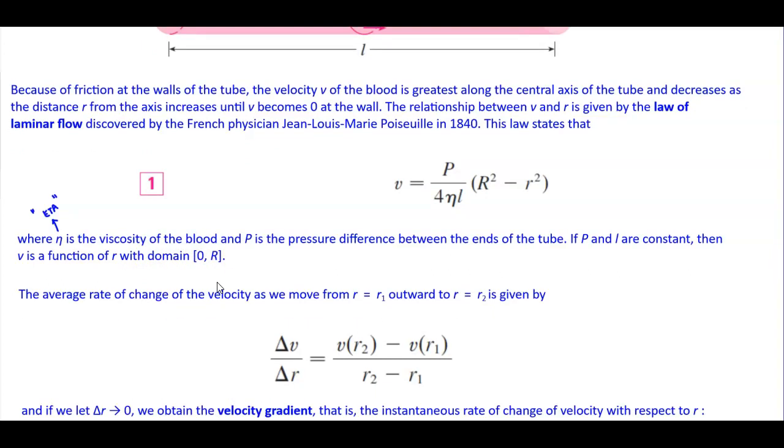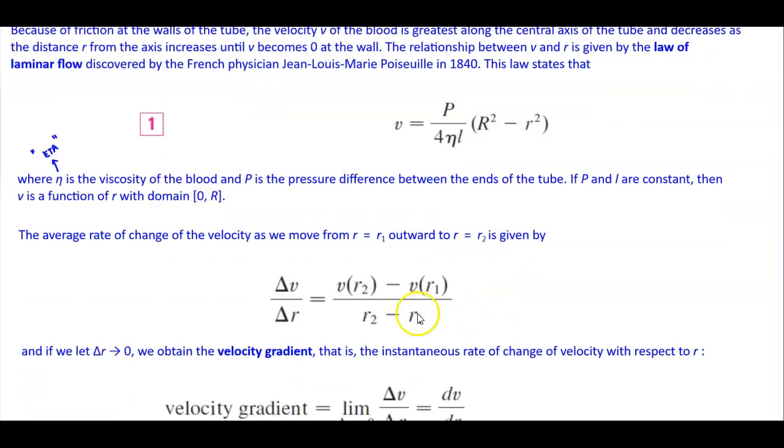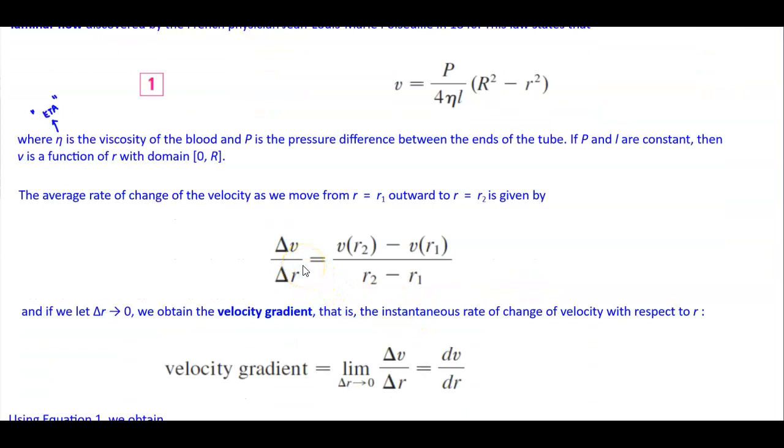Now, the average rate of change of velocity as we move from r equals r1 outward to r equals r2 is given by the following. The change in v divided by the change in r is equal to v of r2 minus v of r1 over r2 minus r1.